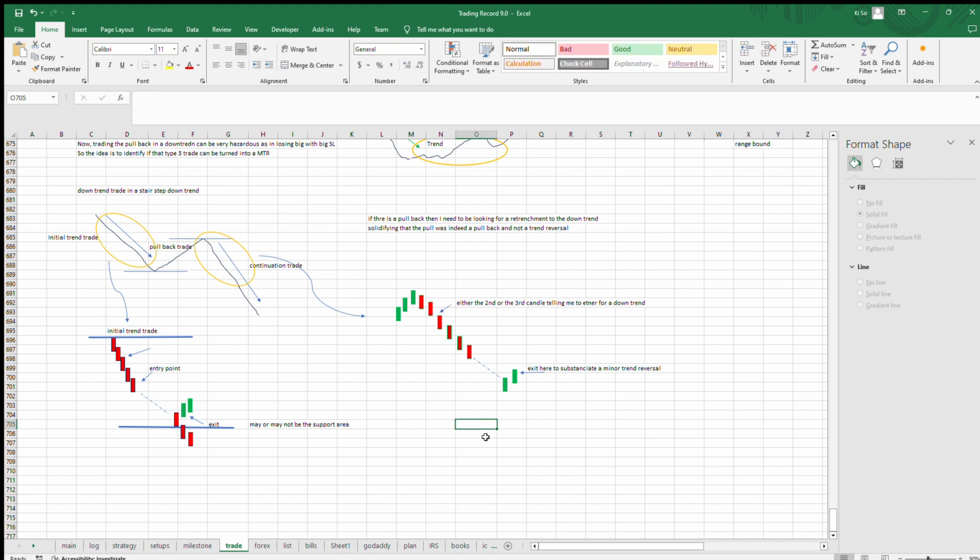So that would be the way that I would trade this particular instance. Okay, so this is a trade here, and that's the trade.